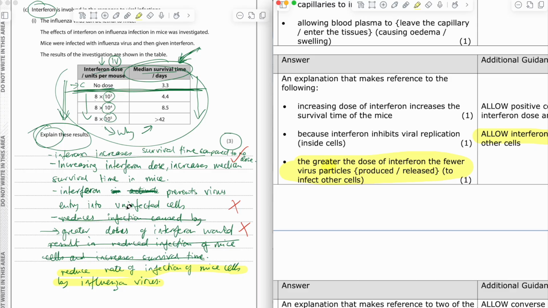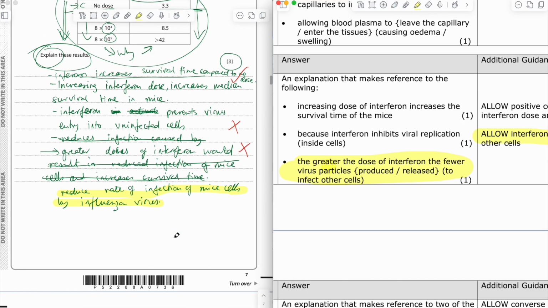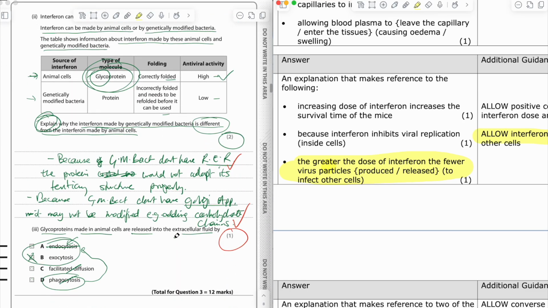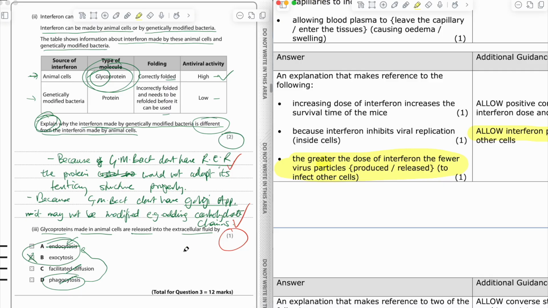Interferon prevents virus entry into uninfected cells. The greater doses of interferon would reduce that. So I said what it does, but then I didn't make a comment about the increasing dose and the increasing effect. Okay, so that's fine. I'm not too disappointed with that one.